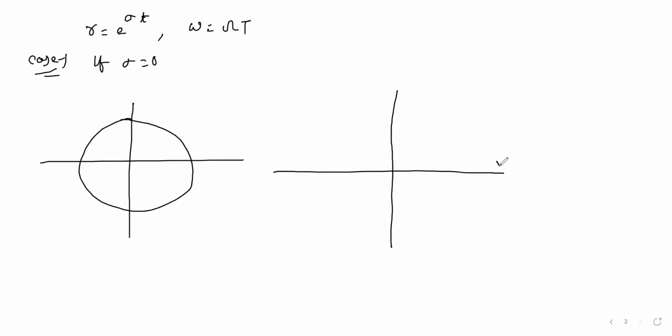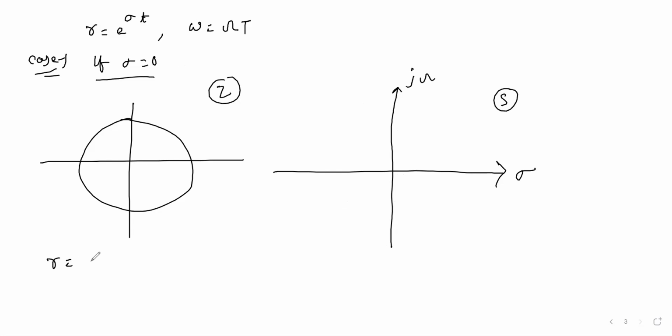Now, this is your sigma, this is your j omega, that is your S plane, and this is your Z plane. If sigma equals 0, then it is the j omega axis, yes or not? The imaginary axis. For the j omega axis, sigma equals 0. So sigma equals 0 means completely the j omega axis. Then if sigma equals 0, what is the value of r?